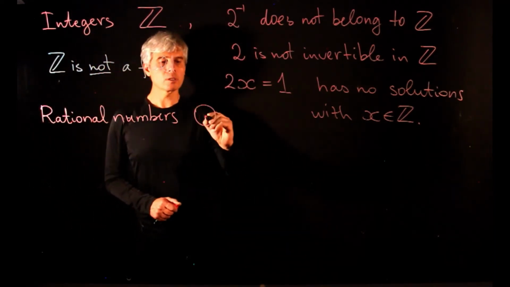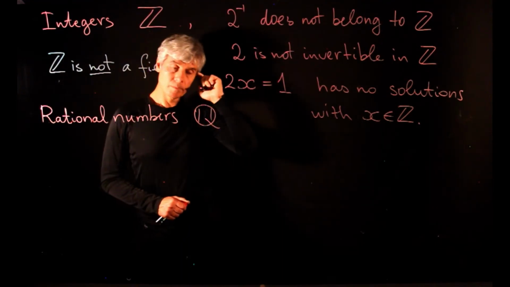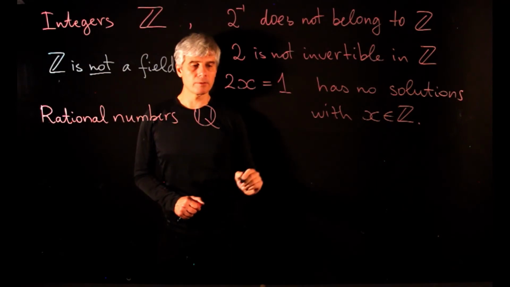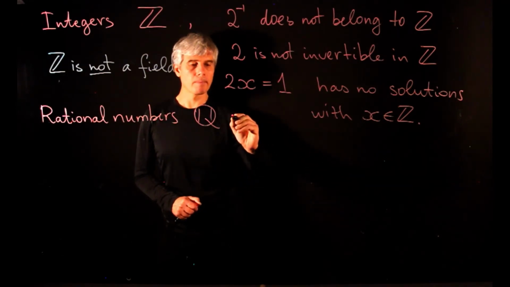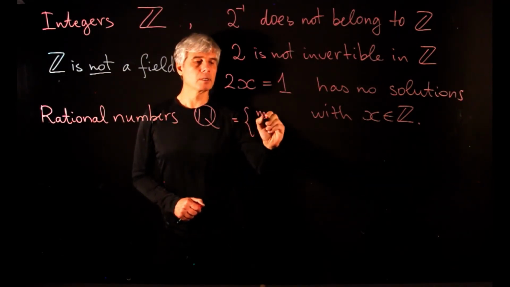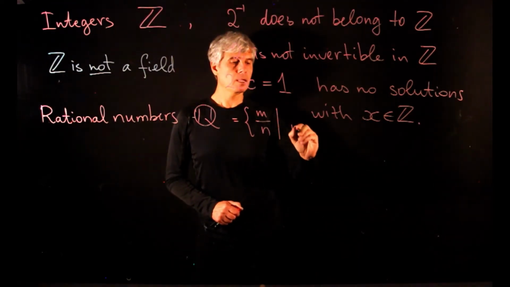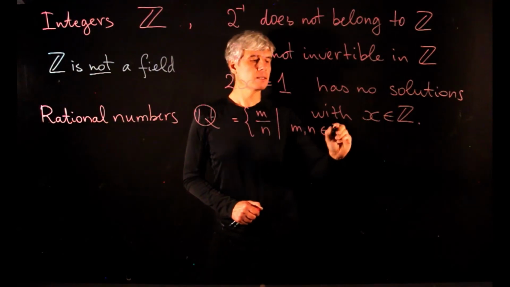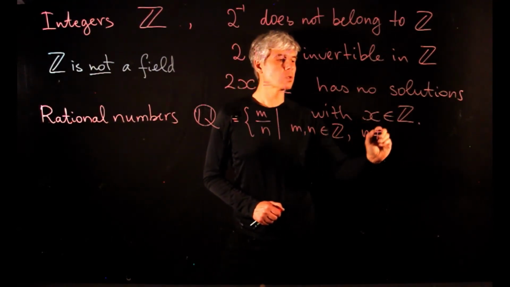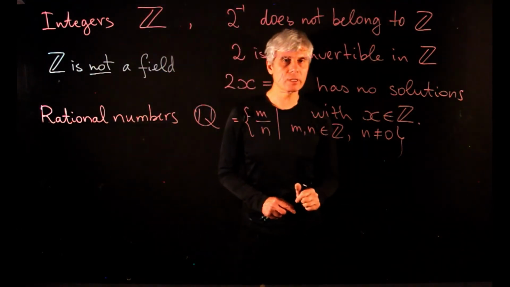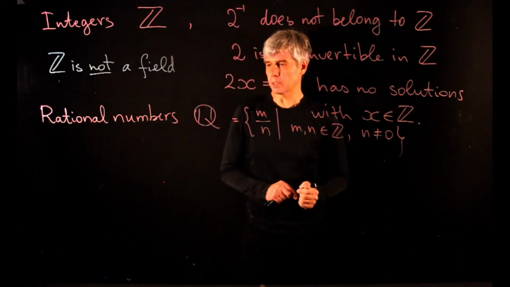And the notation for rational numbers is Q. So these are all fractions of the form m over n, where m and n are in Z, and denominator n is non-zero. Right. Now let's think whether rational numbers form a field.